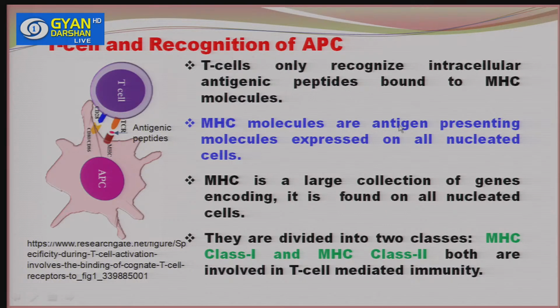An MHC molecule, an antigen presenting molecule, is expressed on all the nucleated cells. MHC is a large collection of genes encoding these molecules. It is found in all nucleated cells, and they are divided into two classes, MHC class first and MHC class second. Both are involved in T cell mediated immunity.